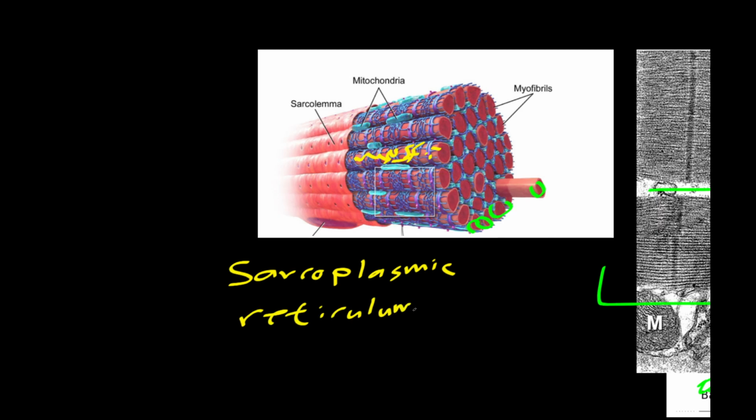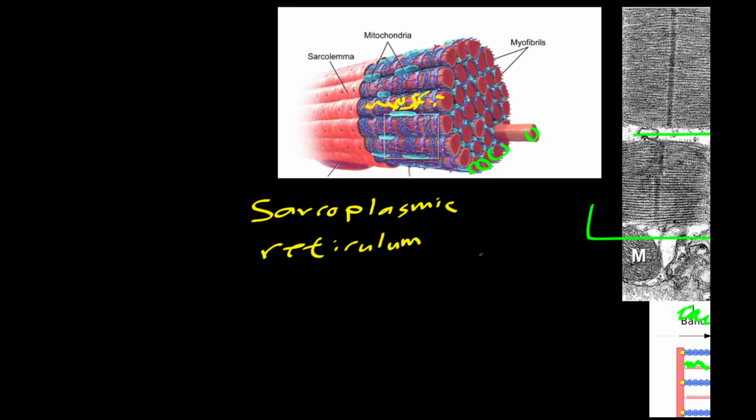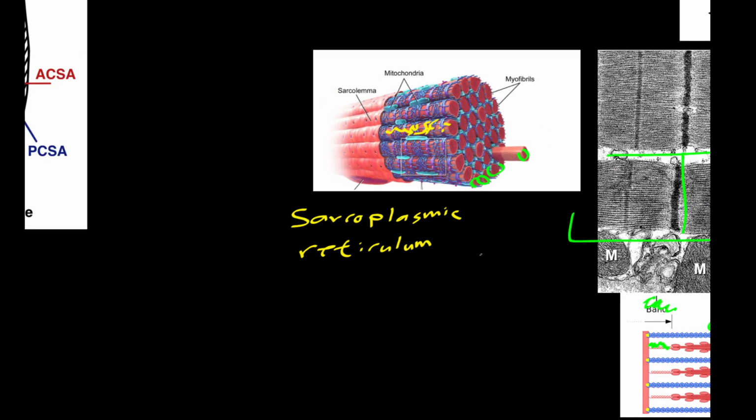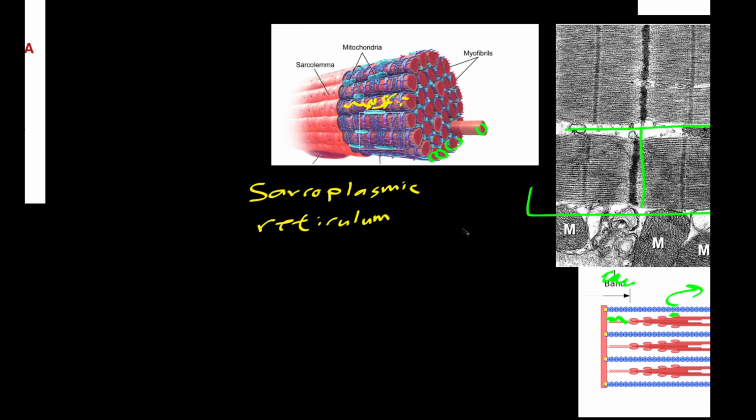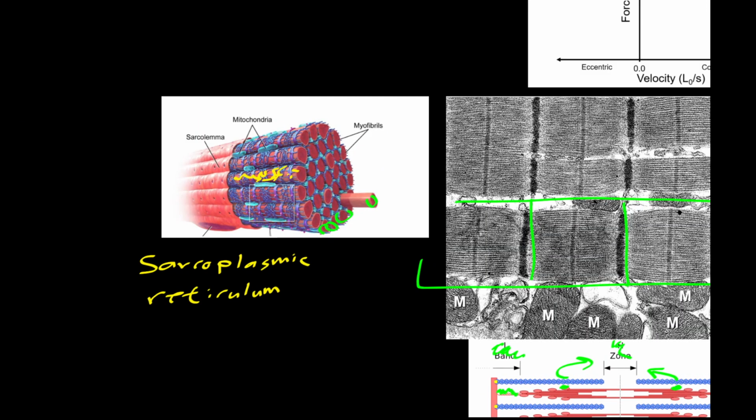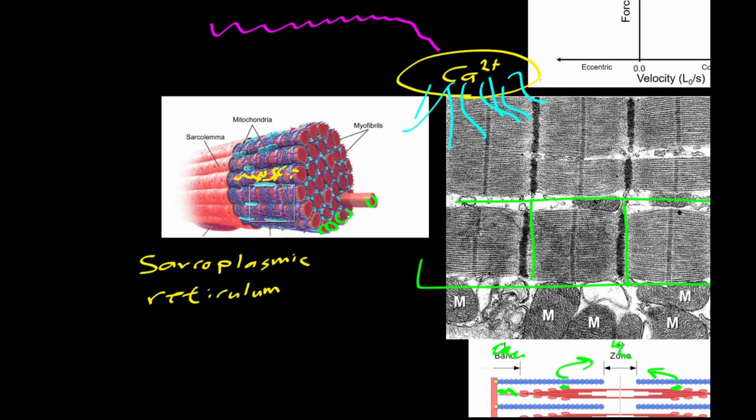And we conceptualize that as like a bag of calcium, let's say sitting like out here, a big bag of calcium ions, waiting for an electrical signal from the central nervous system via a motor neuron, and that triggers the release of calcium ions out into the muscle.